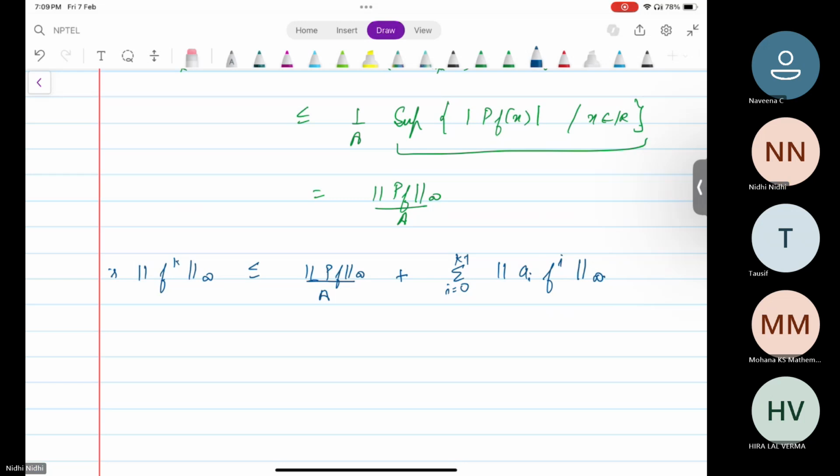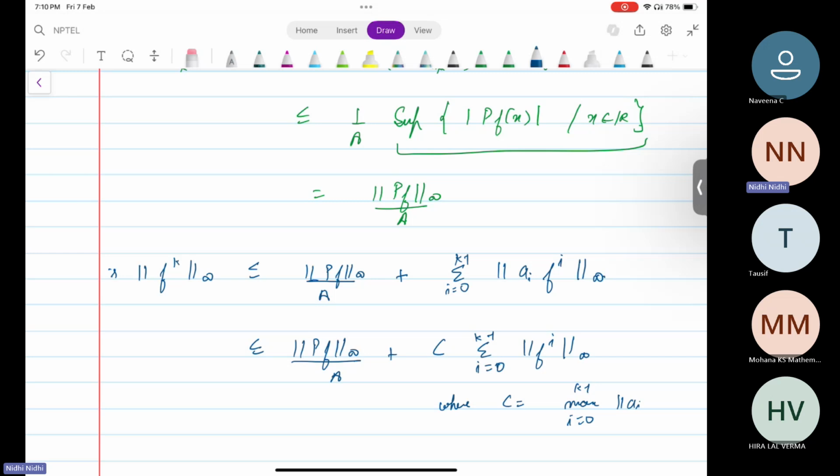Now this is less than or equal to the infinity norm of Pf by A plus a constant C times summation i from 0 to k minus 1 of the supremum norm of the ith derivative of f, where C is the maximum over i from 0 to k minus 1 of the infinity norm of a_i. So I've just taken the supremum norm of all the a_i and their maximum. Obviously, every term will be less than or equal to this maximum term.